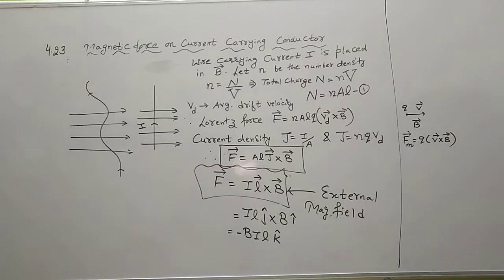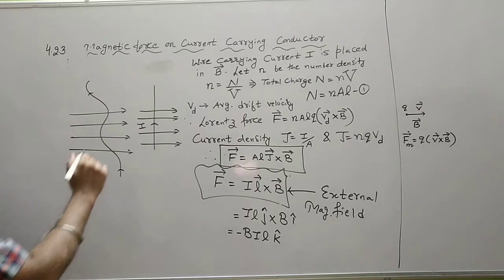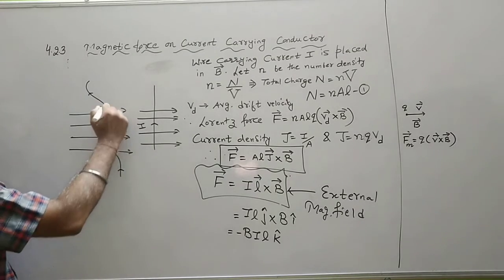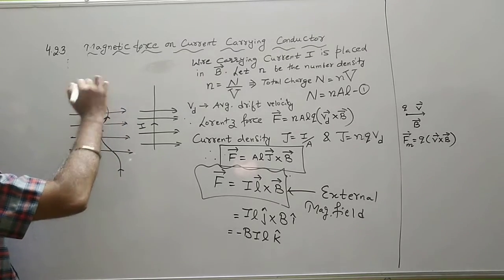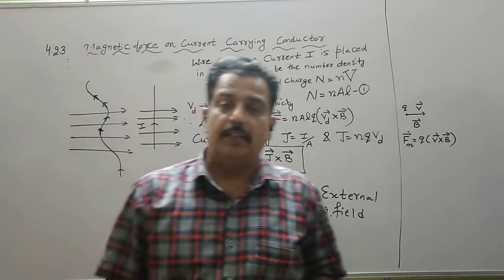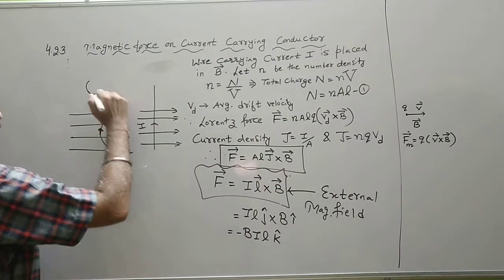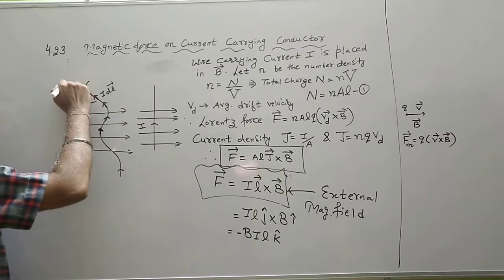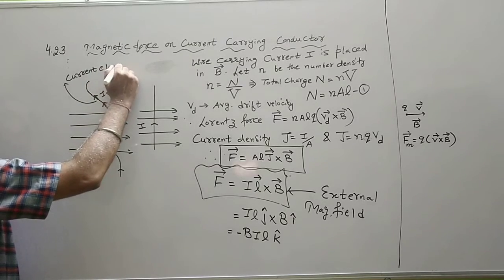So if we assume that the wire is of arbitrary shape, not a straight line, then the step is we divide this entire wire into small elements, and one element, if you remember in the first chapter, if we divide a wire into small elements, it was called a line element. Here each element carries a current I, so each element will be referred to as a current element or a current line element.